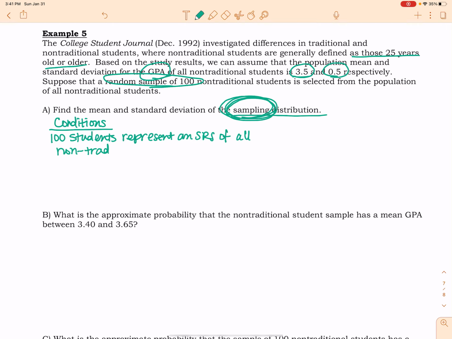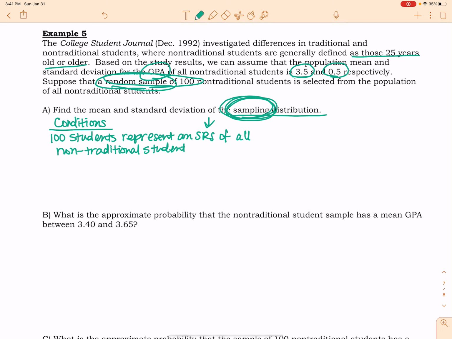Miss Griggs, do I have to write it that way? No, you don't. You could have said 100 non-traditional students were randomly sampled. There's a million different ways you can write this. I'm just trying to use my math words here. Simple random sample is what we want. Simple random sample is what we have. 100 students represents an SRS of all non-traditional students.